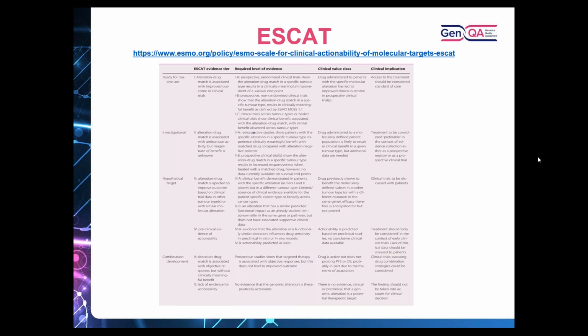Tier 4 variants are ones with preclinical evidence of actionability. Tier 5 are variants with evidence supporting co-targeting approaches, and tier X are those variants with lack of evidence for actionability. So some of the tier 2 and 3 have been broken down slightly more, and that is how they get the 5 tiers for the SCAT.